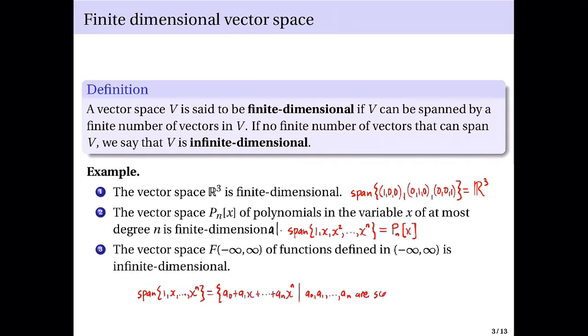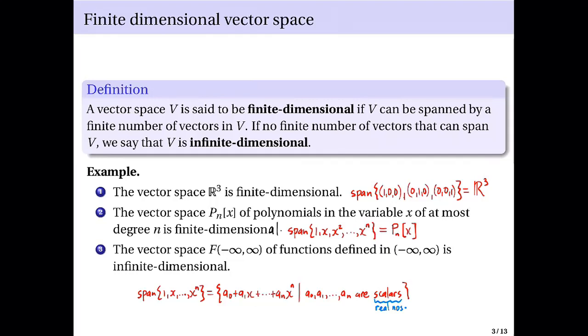But the space of scalars, our scalars are actually real numbers only. Which means this is a polynomial of at most degree n. If an equals 0, then your polynomial is degree n minus 1.